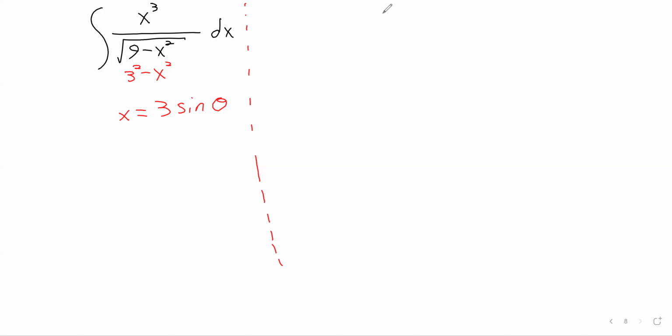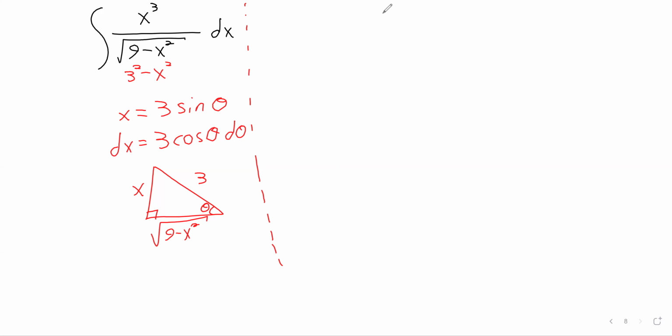And whenever we do this, we need to change dx together with x. And the triangle we should be picturing has a here and x here and the square root here.